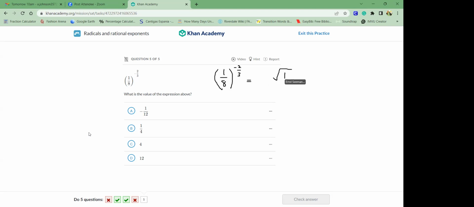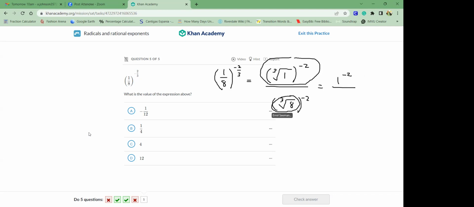So there's your 1, there's your cube root, there's your squared, there's your negative 2. That's the numerator. Same thing with the denominator. Cube root of 8, and the negative 2 goes there. What is this equal to? What number times itself 3 times is 1? 1, right? So 1 to the negative 2. What number times itself 3 times is 8? 2. Exactly. So 2 to the negative 2. Now, what's this simplified?